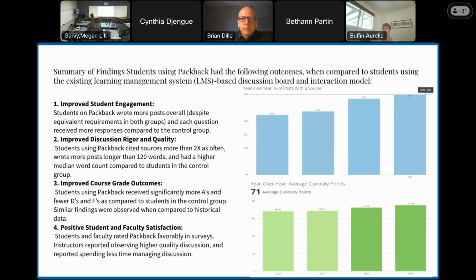And I'll tell you how I know that for a fact. In one semester, the second year I used Packback, I taught 2 victimology classes back to back. Identical class design, identical class everything, except one had Packback, one did not. 17% higher grades in the class with Packback as opposed to the class without it. And that was the only thing that was different.